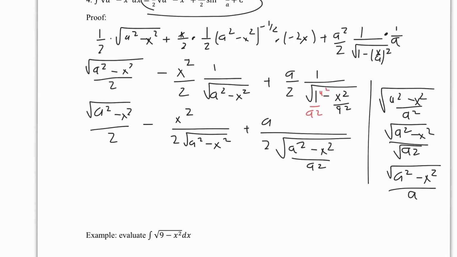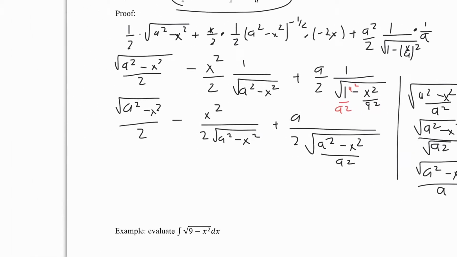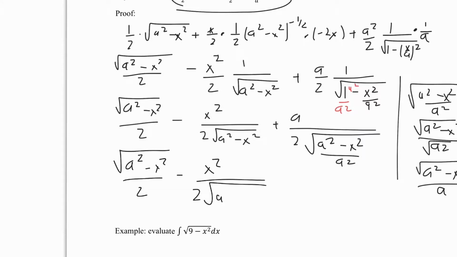So let's go ahead and do that. So we're going to get the square root of a squared minus x squared over 2 minus x squared over 2 root a squared minus x squared plus a over 2 root a squared minus x squared.